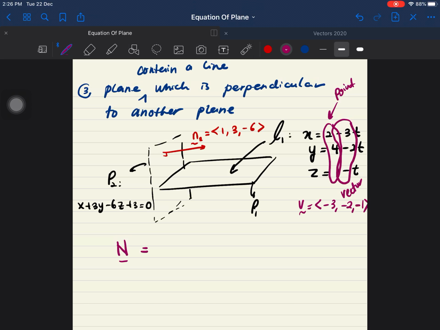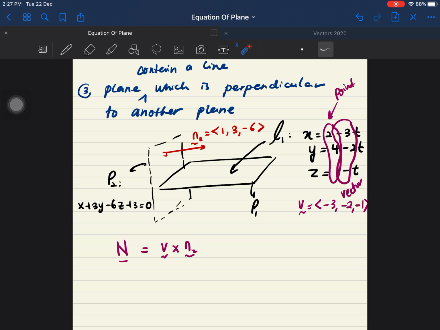Okay, so your normal vector is equals to v cross n2. Okay, so you will have a normal vector. Okay, and dia akan bagilah one point that passes through this line, or one point that is on this plane lah. Okay, so you ada normal vector, you ada point, so you boleh buat equation of plane.